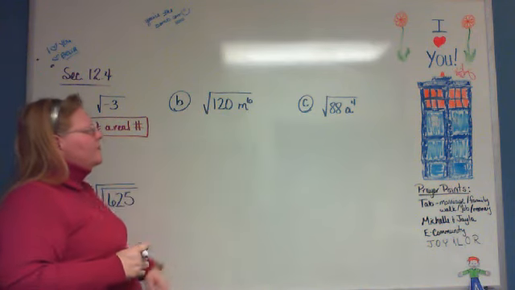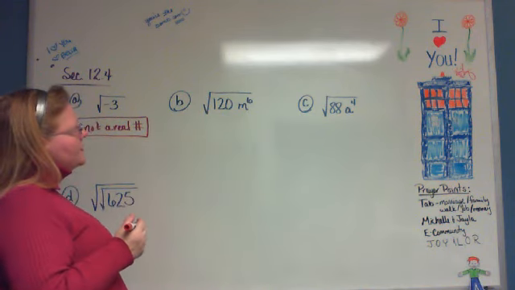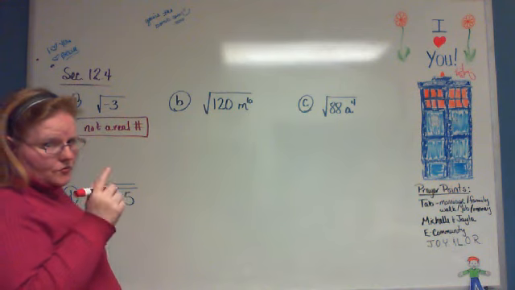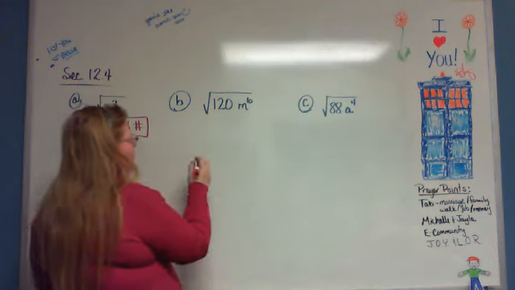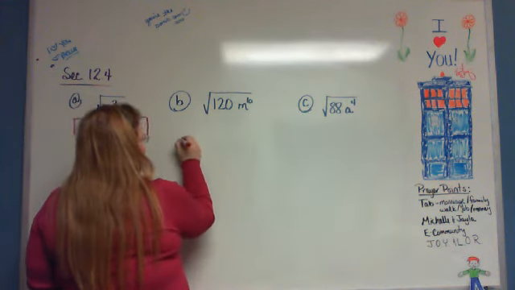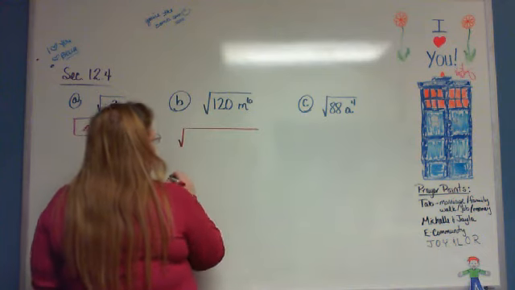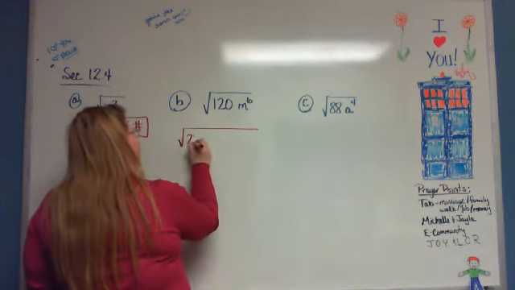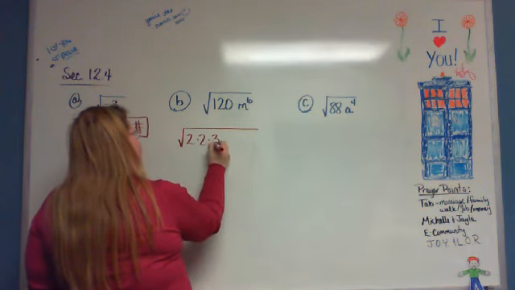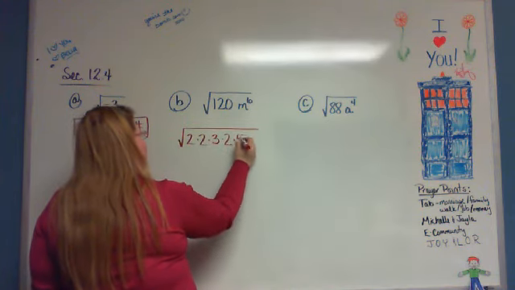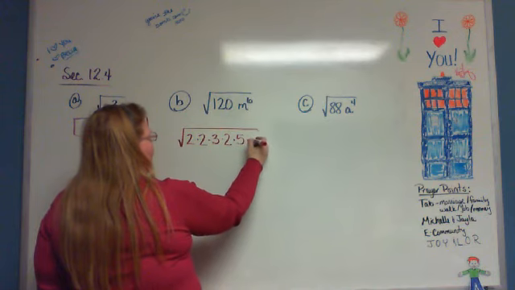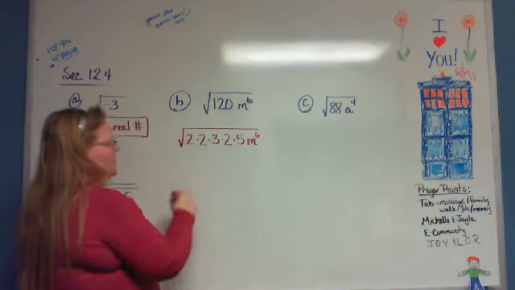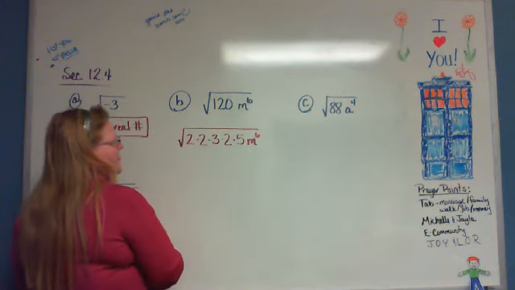Over here, since it is an index of 2, square root, when I go to write it out, that's 12 times 10. So 2 times 2 times 3 times 2 times 5 times m to the 6, because I've got my trick for the 6's.